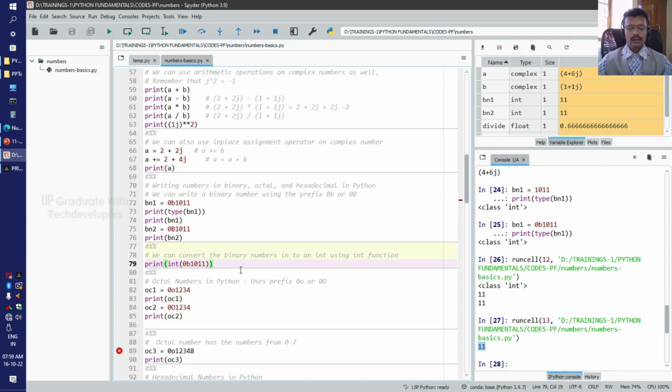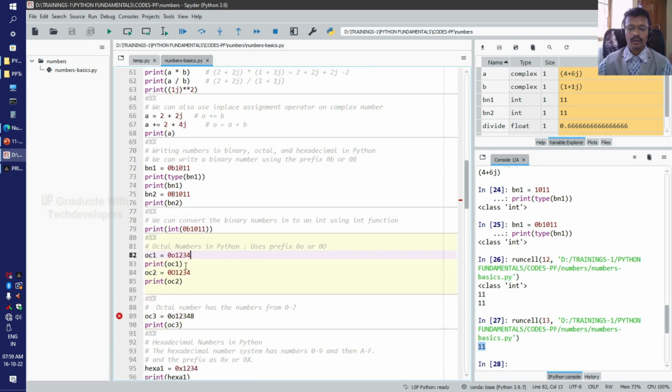To create octal numbers in Python, we can use the prefix 0 and then small o, or 0 and then capital O. We know that octal numbers vary from 0 to 7. So let us create one simple octal number with the prefix 0o, small o.